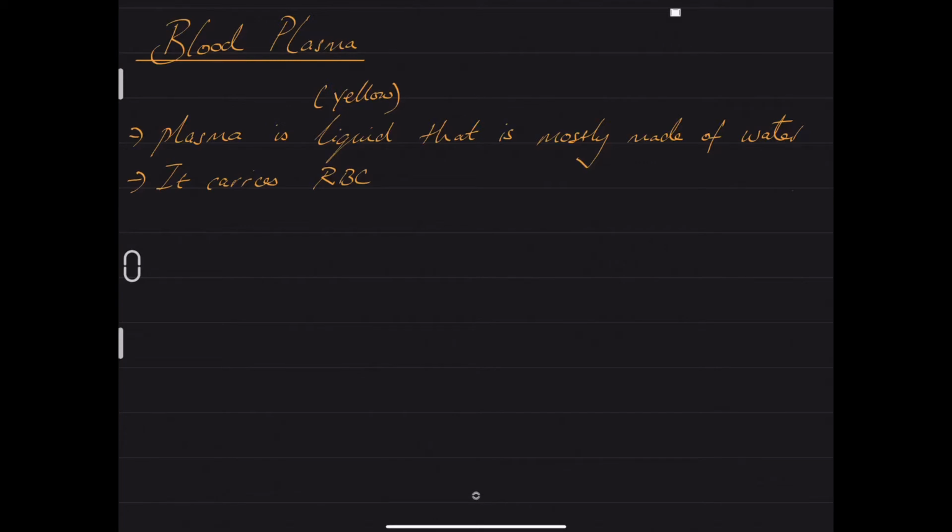So it carries RBC, white blood cells, and platelets, which are suspended in the plasma.